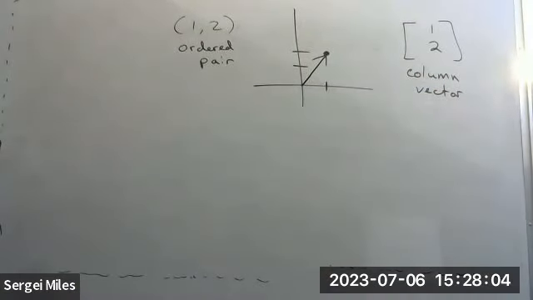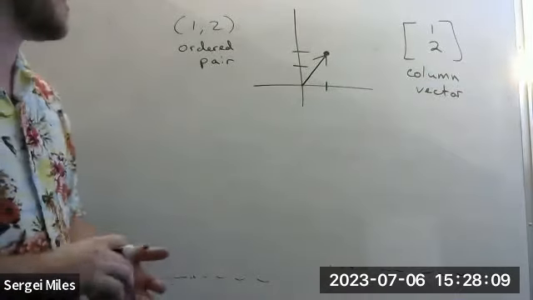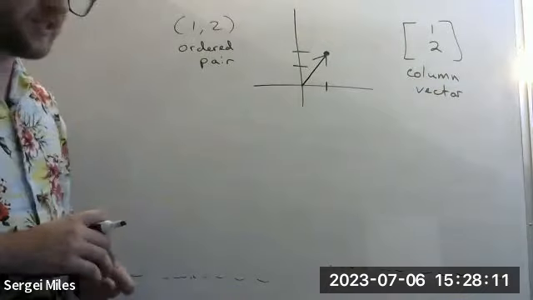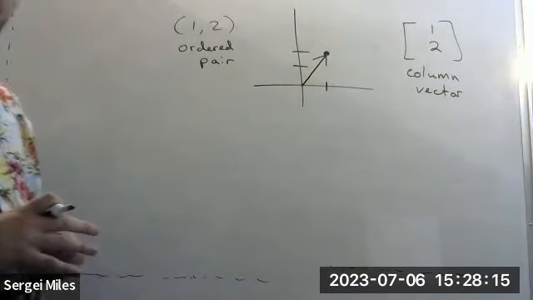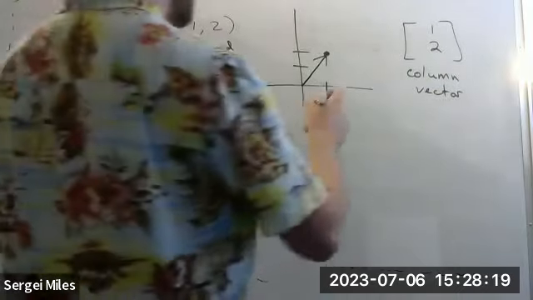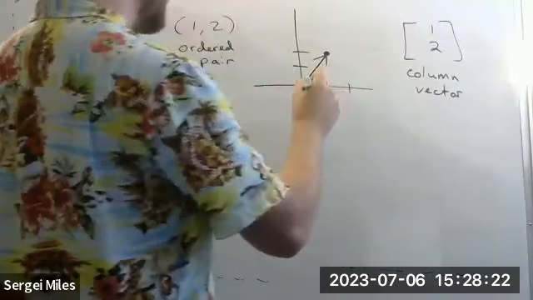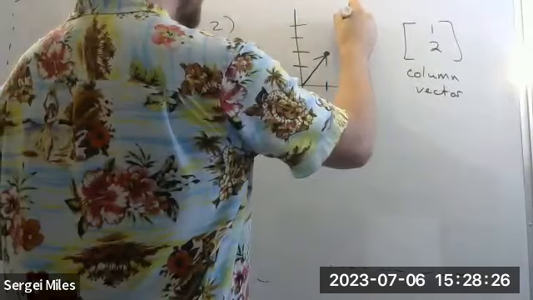So we have this vector here, and with any vector, if you're thinking from a physics background, you may think of a vector as being something that has a direction and a magnitude. Magnitude being how long the vector is. So I could have another vector, let's say (2, 4).